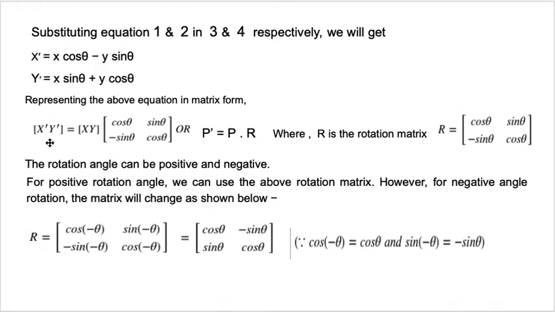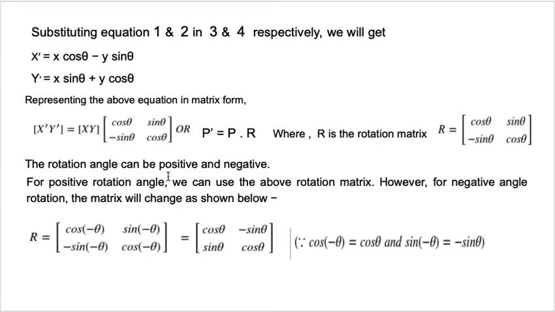We can say this is P dash, this is P, and this is R. So R is a rotation matrix: cos theta, minus sin theta, sin theta, cos theta.